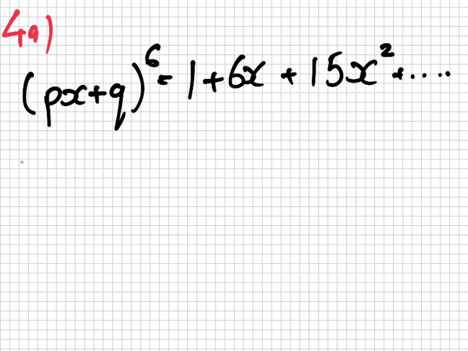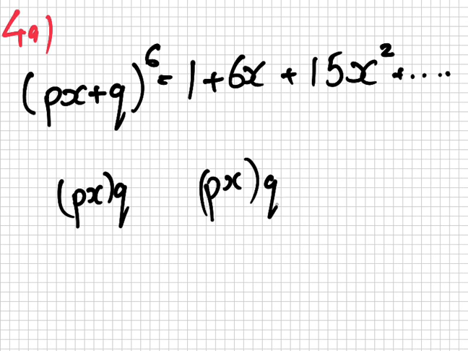we get, oh, by the way, is this ascending or descending for x? Ascending. So what I'll do is I'll just write down the Px and the Q. Px, Q, Px, Q, and then Px, Q, and of course there's more.